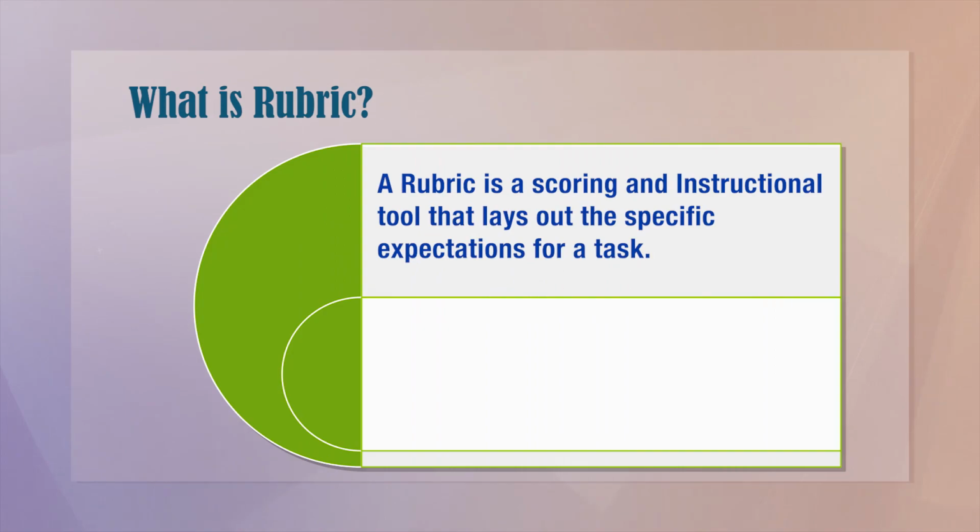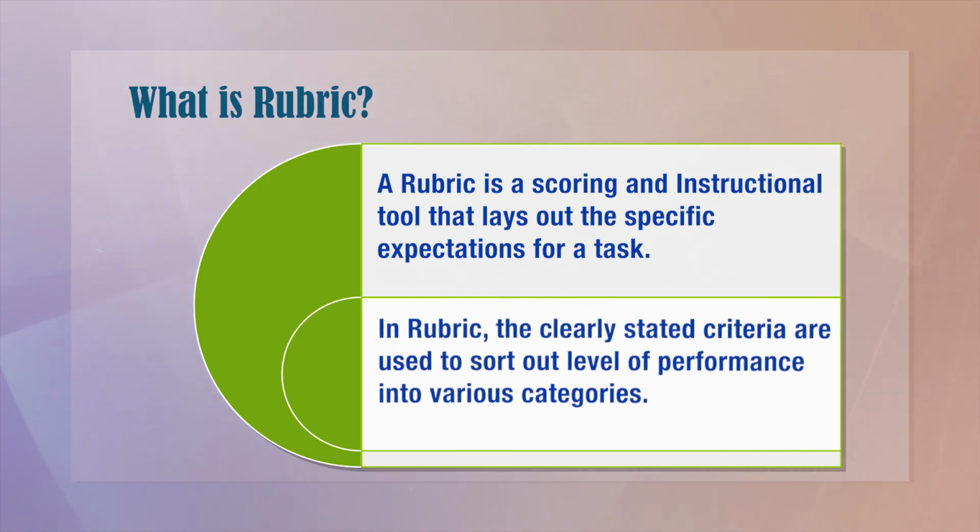A rubric is a scoring and instructional tool that lays out the specific expectations for a task. In a rubric, clearly stated criteria are used to sort out levels of performance into various categories.